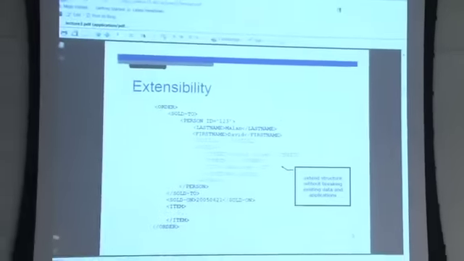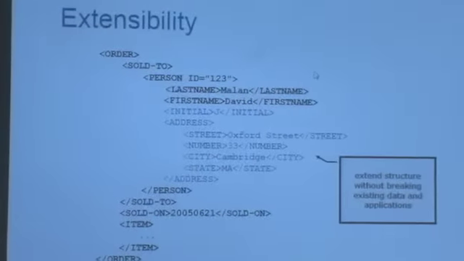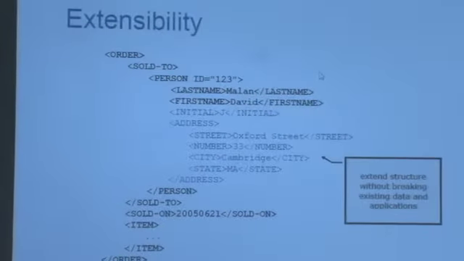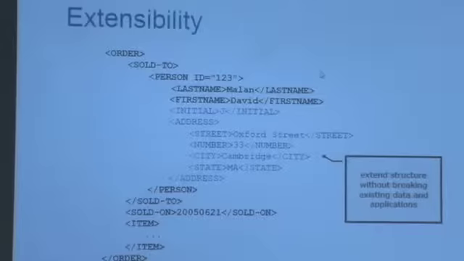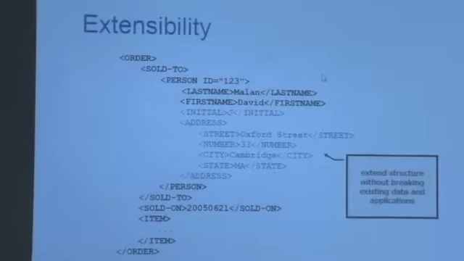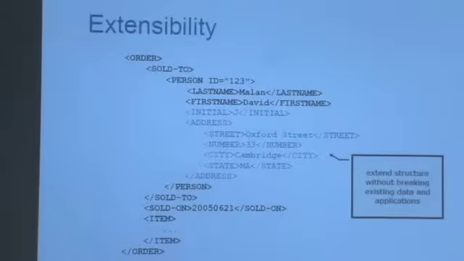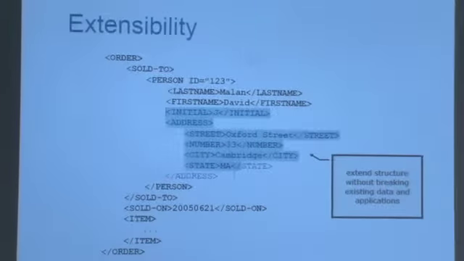One good thing about XML is its extensibility. When you have an original structure of XML, you can insert other tags and other attributes into this XML without breaking the existing data. In this case, we originally do not have this block here in the middle.